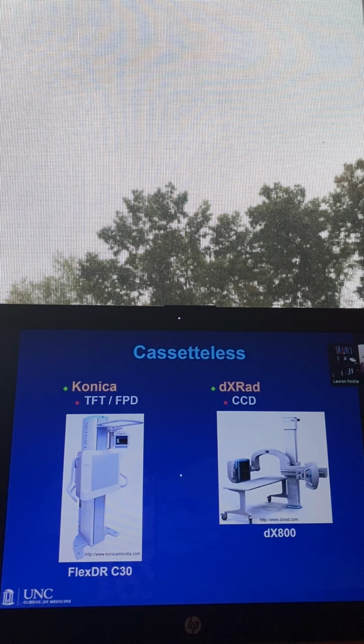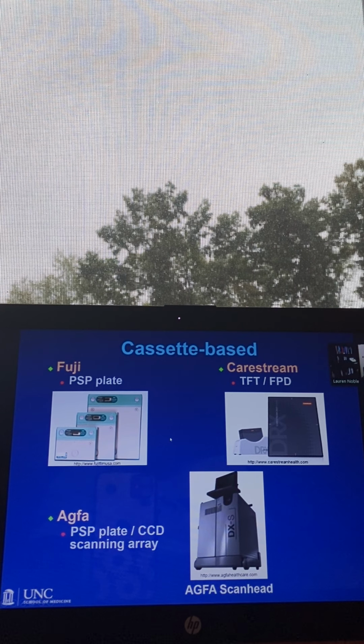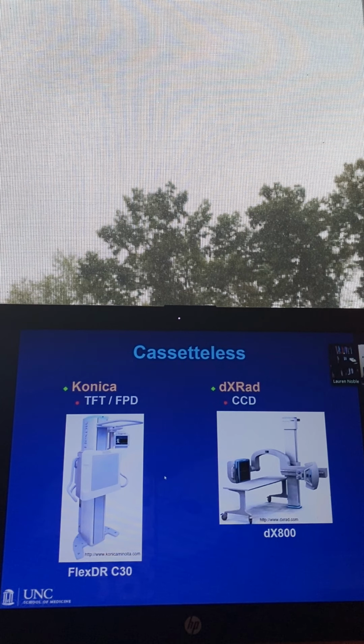There's not a cassette. The detector is built into the equipment. When you have these cassettes like this, they're not built into the equipment. You have to take that cassette and you have to place it either on the tabletop to use it, or you have to put it in the bucket. But when you have a cassetteless unit, it is incorporated into the equipment.